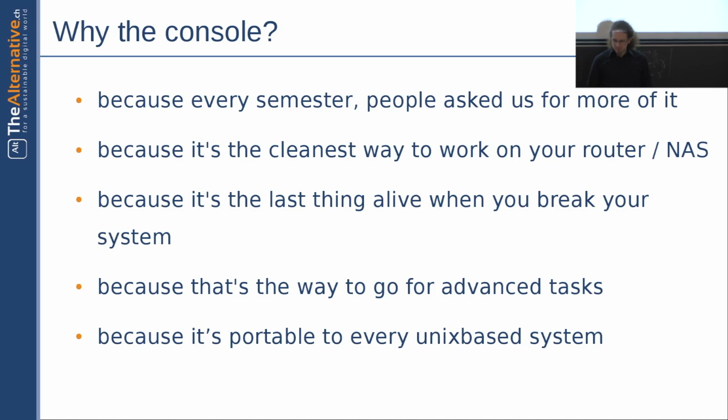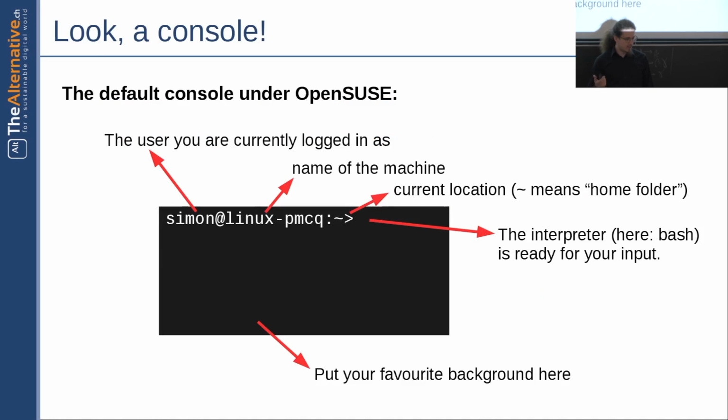Then let's jump in right here. What you see here is the command prompt that will face you as soon as you open a terminal emulator. It's basically an overview of where you're at. First, you have your username that you use on the system. Then, as a separator, the @ is used.